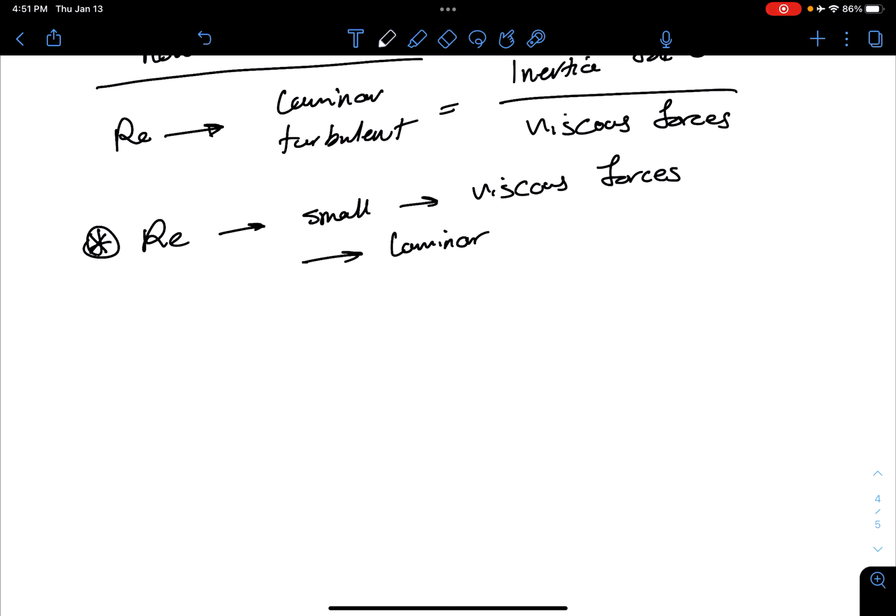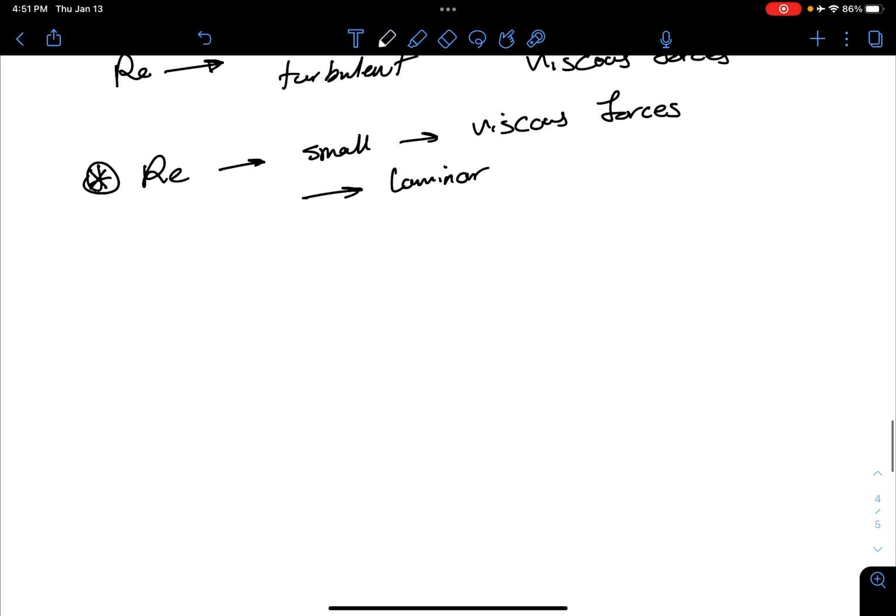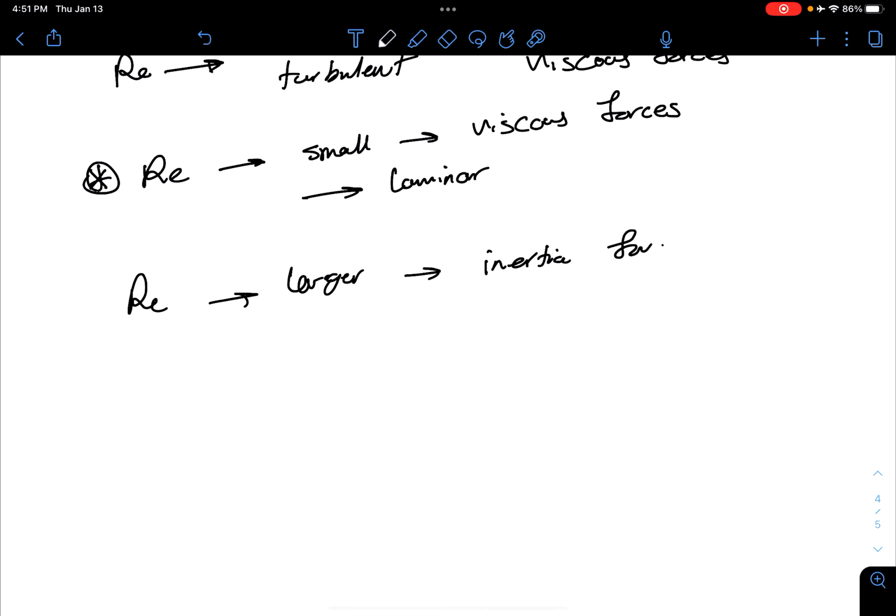It is very orderly. There is no mixing happening. There is no chaos, right? While for larger Reynolds number, inertial forces are going to be dominant, and we are going to have turbulent flow.